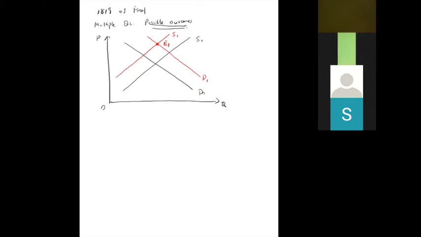Let's call it E1. And let's call the previous equilibrium before the policy E0. So comparing E1 and E0, it's obvious that the equilibrium price has increased.